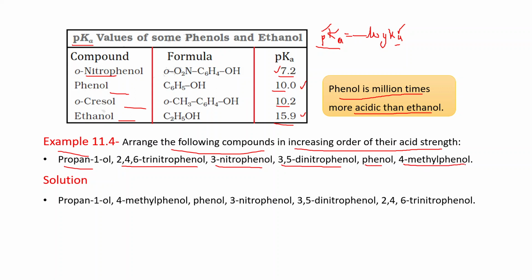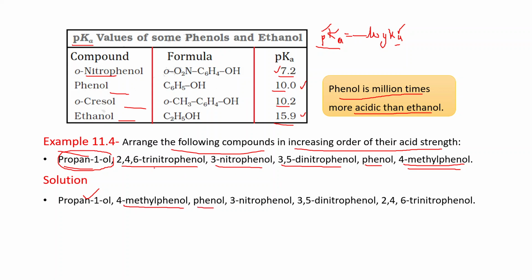Now out of these compounds, propan-1-ol is an alcohol. That's why it is least acidic. Now in 4-methylphenol, a methyl group is present, which has a plus I effect. That's why this is less acidic compared to phenol. And after that, phenol.